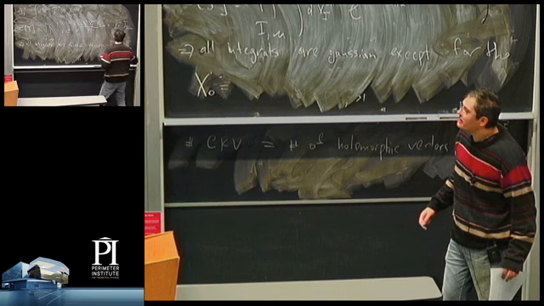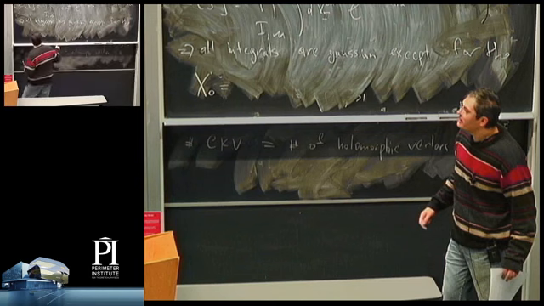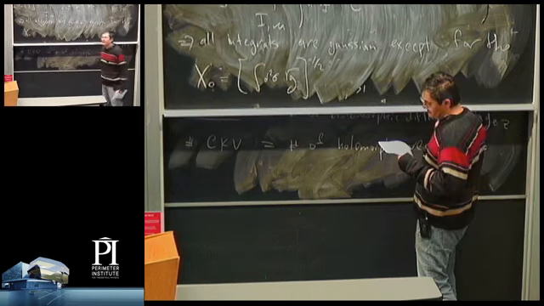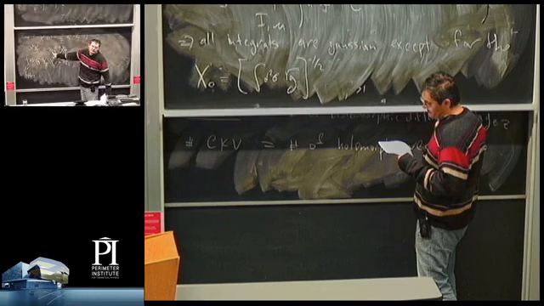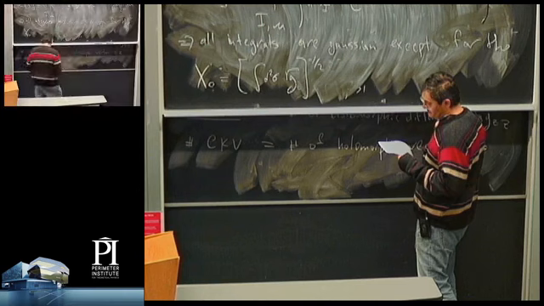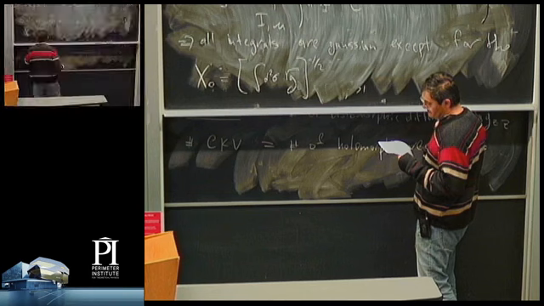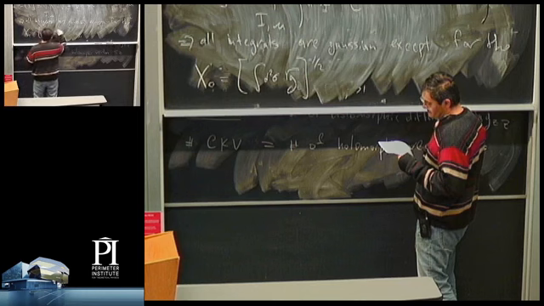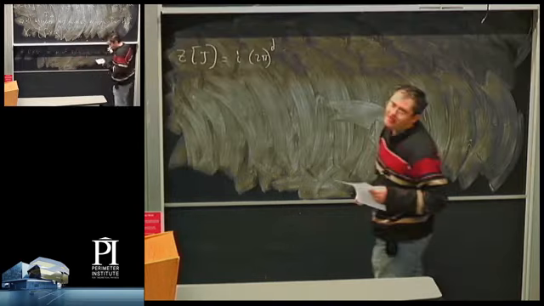Except for the constant mode, which is a constant eigenfunction corresponding to zero eigenvalue. Again, I want to keep it normalized with respect to the metric, so this constant is given by an integral over d²σ √g to the minus 1/2.